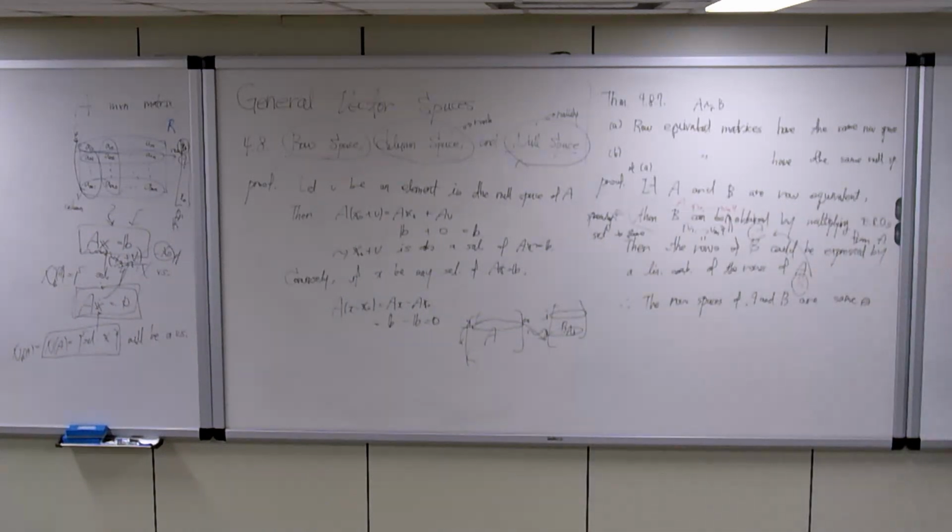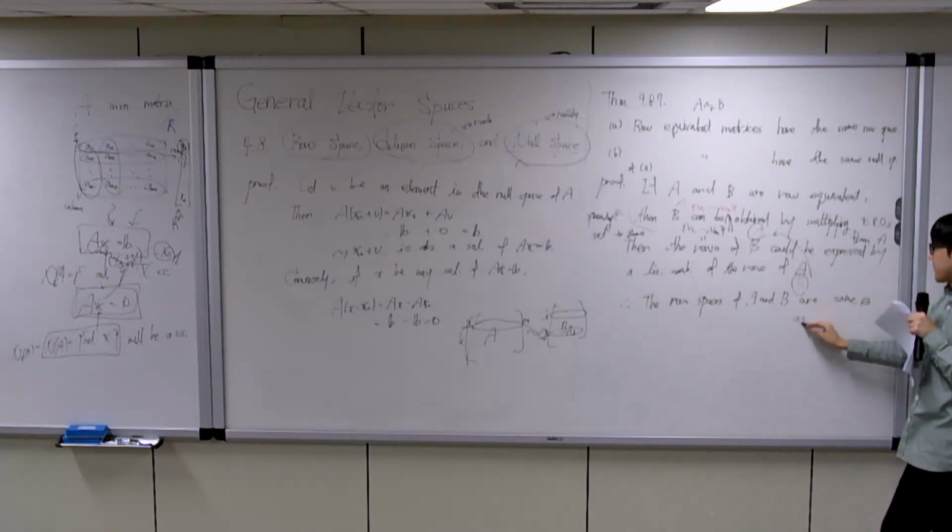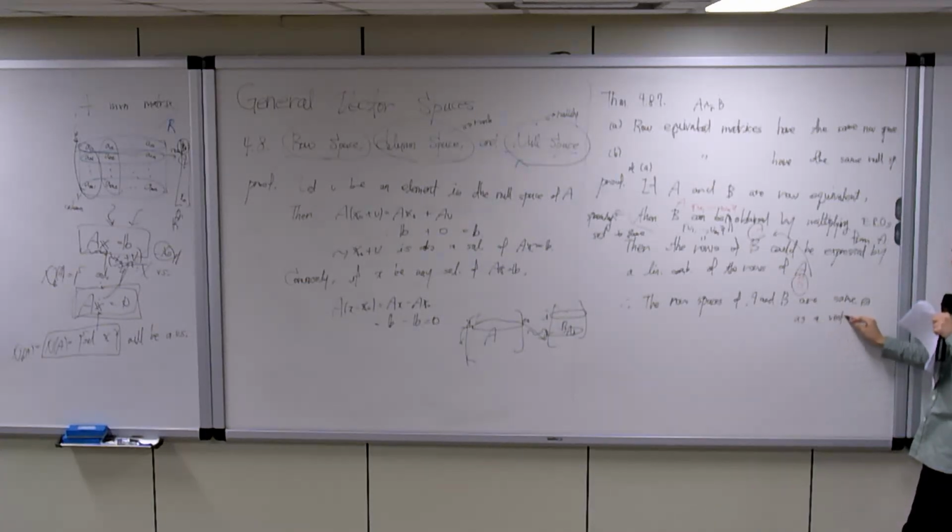Same as a vector space means all elements are the same.